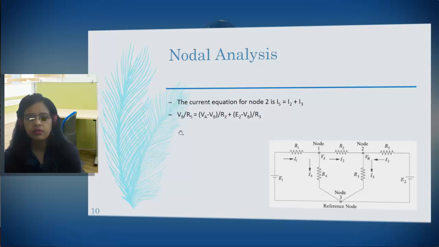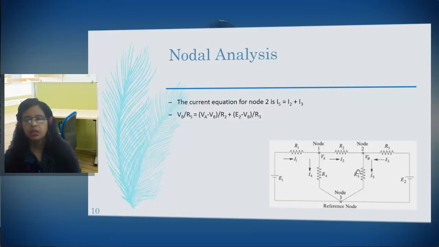So this way we wrote two equations for the two nodes.